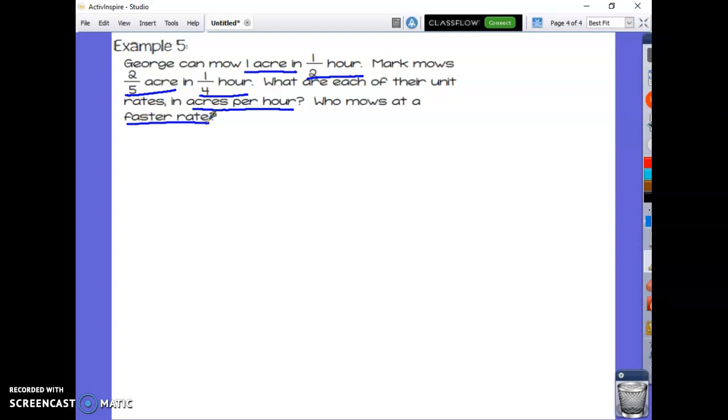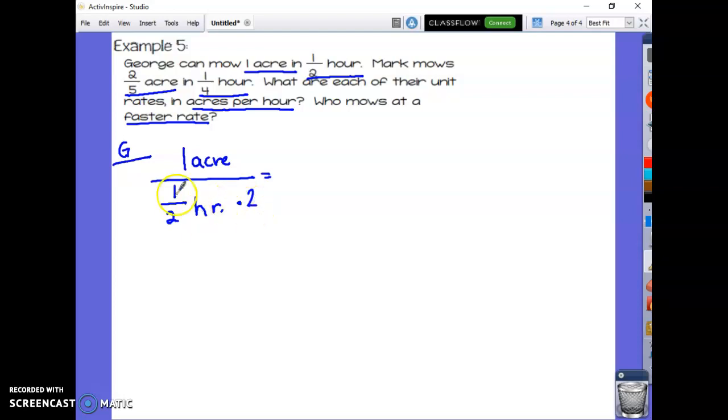So if we look at the top one, 1 acre in 1/2 hour, so that's for George. Let's figure George out first. 1 acre in 1/2 hour. So again, we want to try and get that denominator to equal 1. How do we do that? Well, we're going to multiply by 2, right?